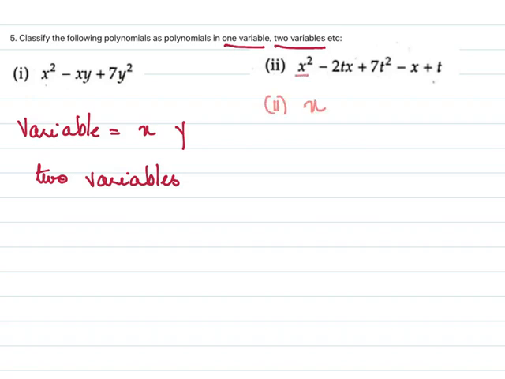We have x here, we have t and x again. So here the polynomial has got two variables, x and t. So it's a polynomial in two variables.